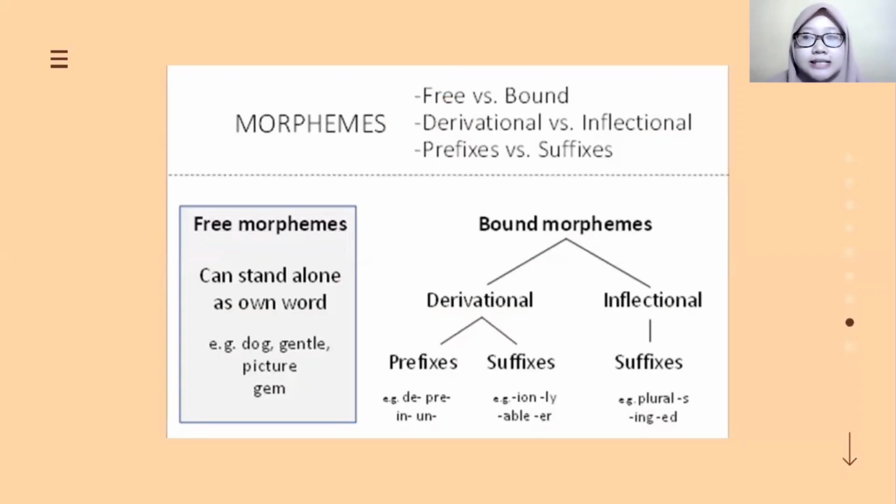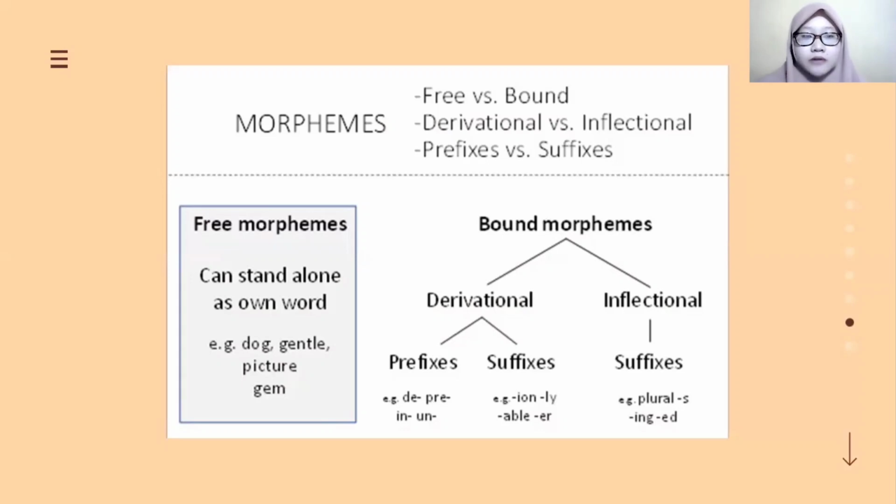The following is a brief summary of morphology. Morphemes are divided into 3: free versus bound, derivational versus inflectional, and prefixes versus suffixes.